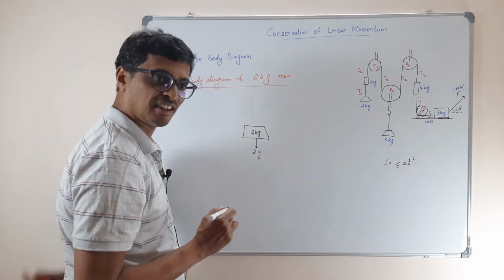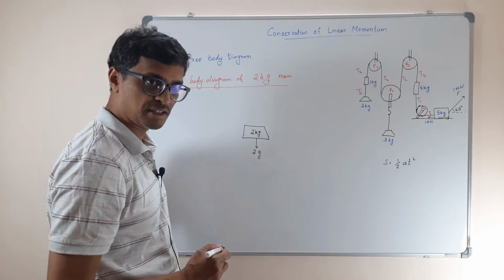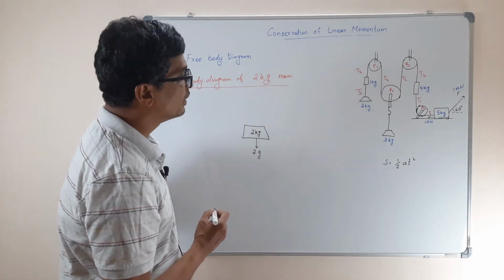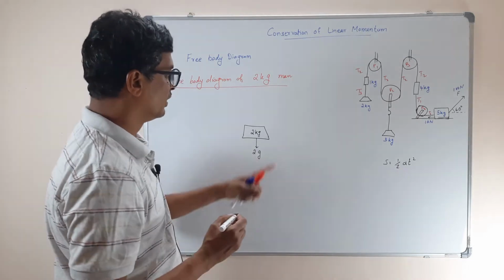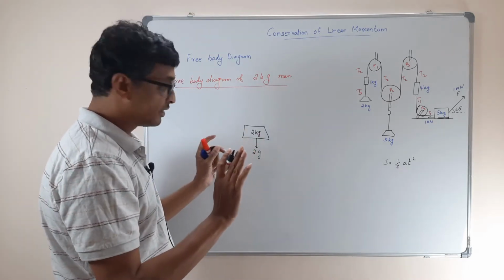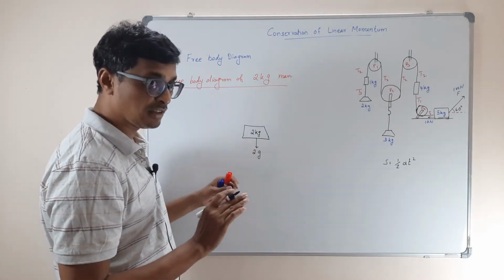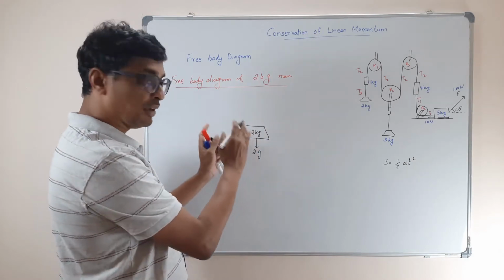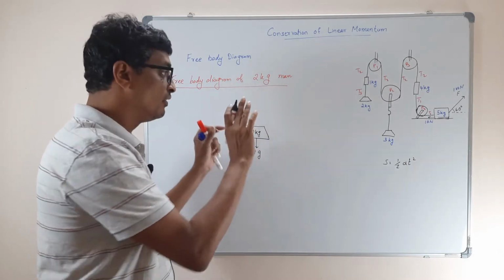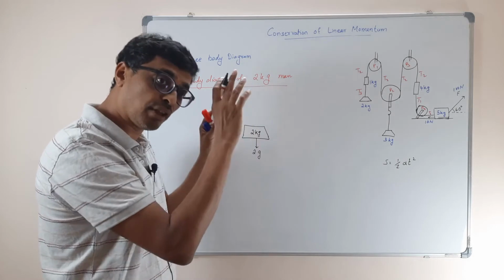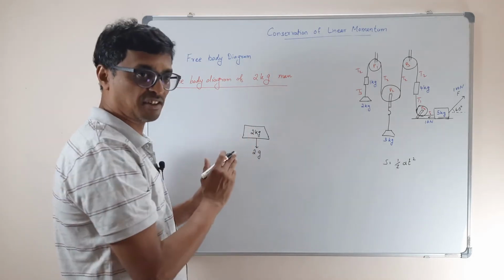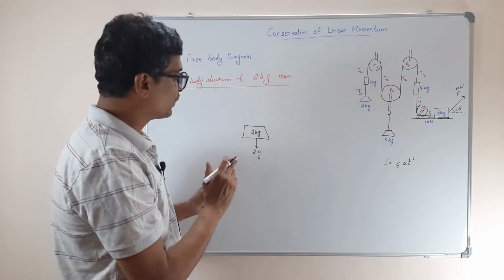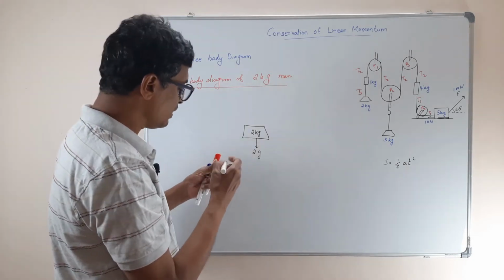So 2g acts downwards, and then 2a because there is an acceleration a. But there is another force acting on it. In the actual problem you have to find a, so first we have to find all the forces acting on the body.